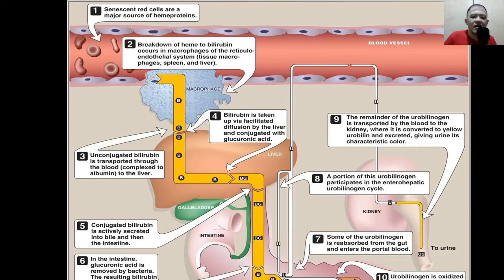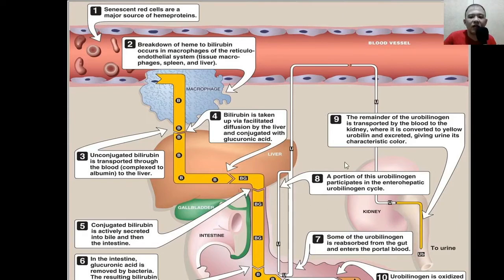Okay, so it is further metabolized. Deconjugated bilirubin can participate in the enterohepatic cycle.